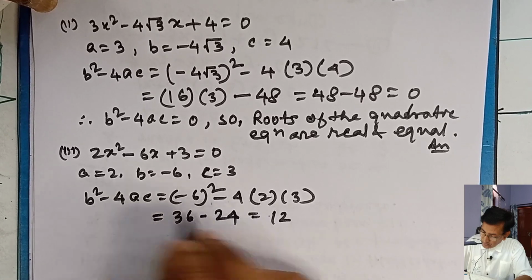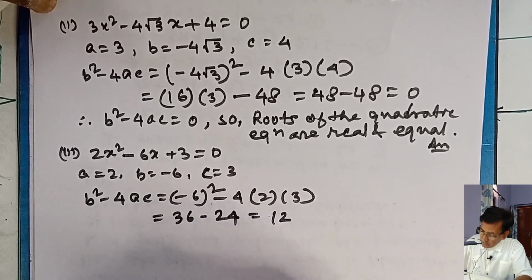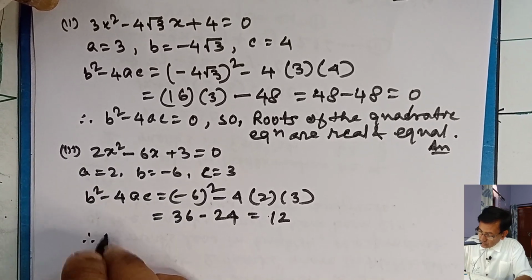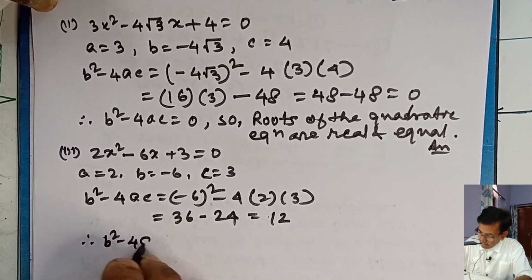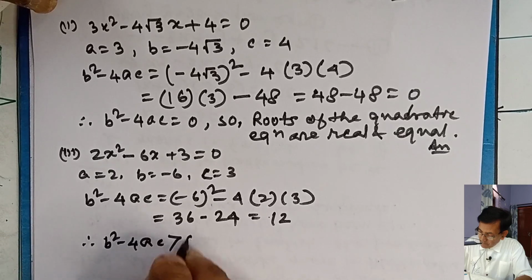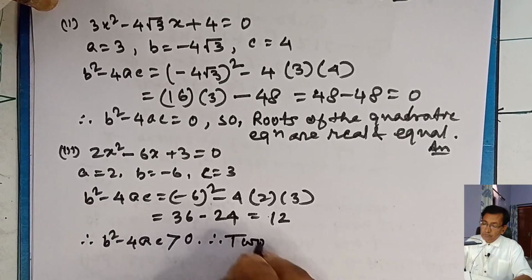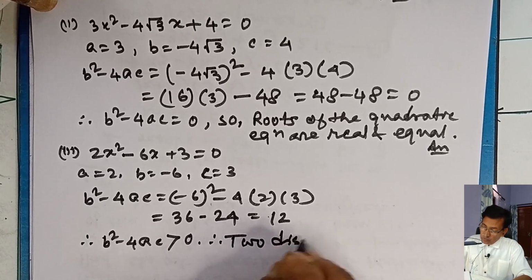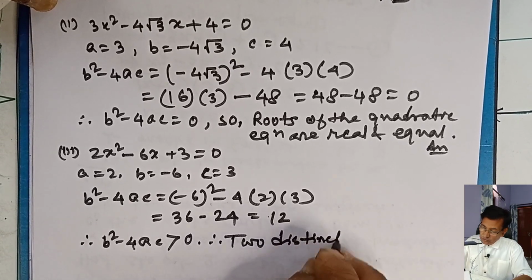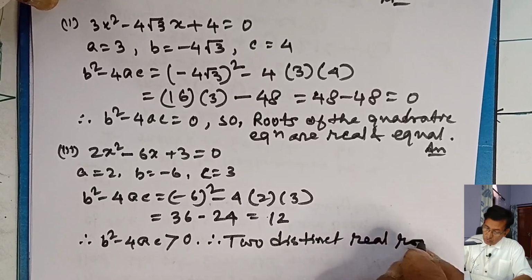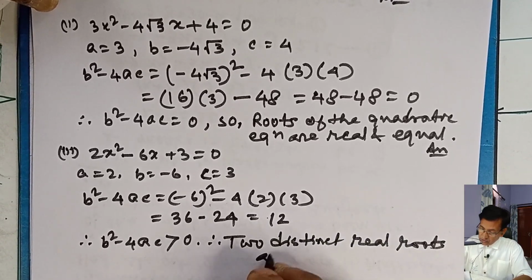So b square minus 4ac is greater than 0, positive 12. Two distinct real roots are there.